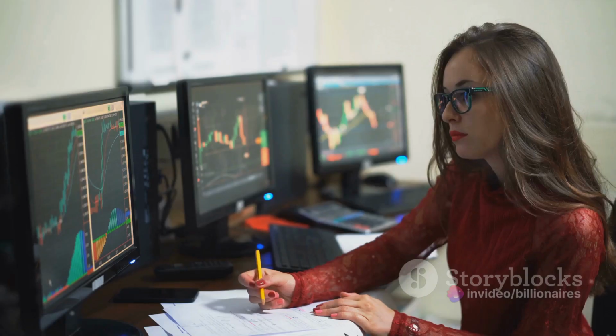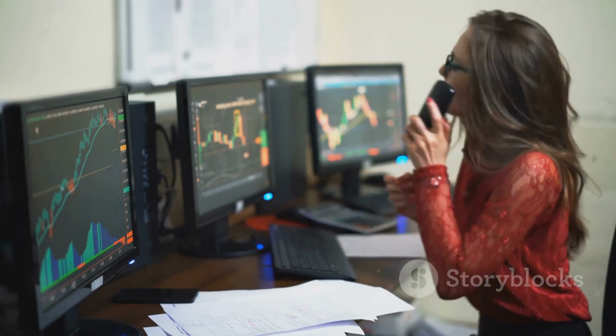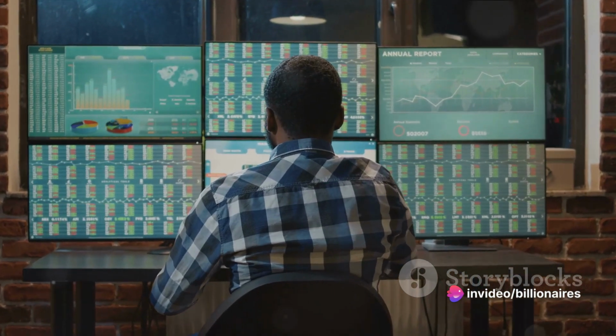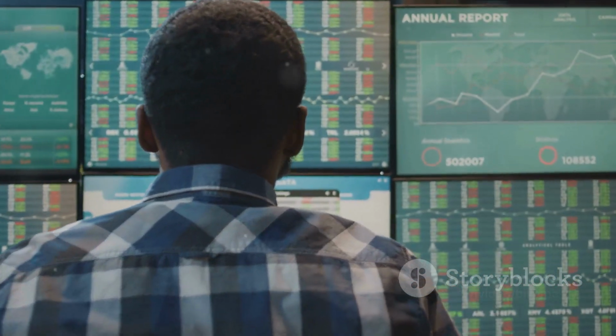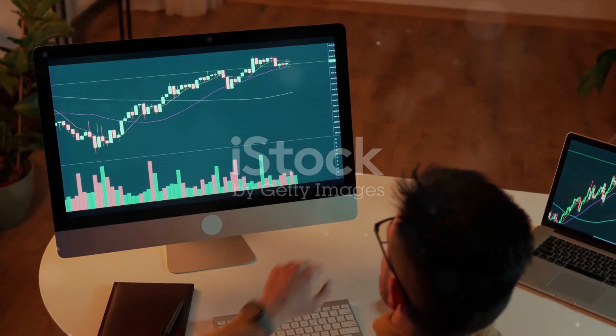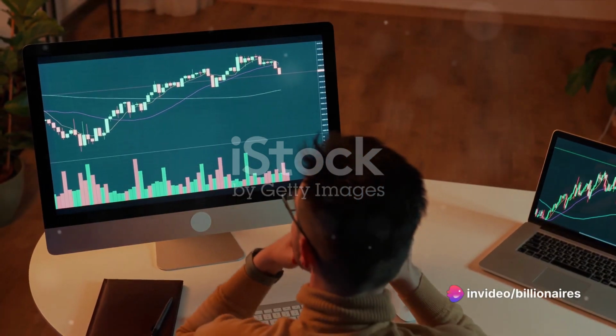It's the largest and most liquid financial market in the world, with an average daily turnover in the trillions. But what are these strategies that successful Forex traders employ? One of the most popular is trend trading. This strategy involves identifying the market's direction, either up or down, and placing trades in that same direction. Sounds simple, right? But effective trend trading requires keen observation, patience, and discipline.